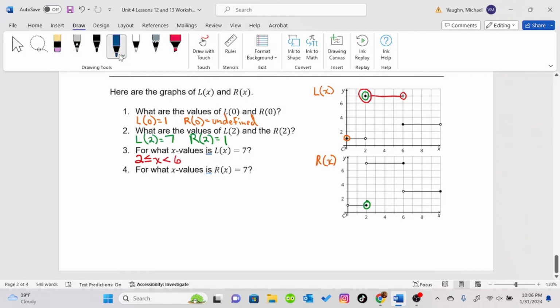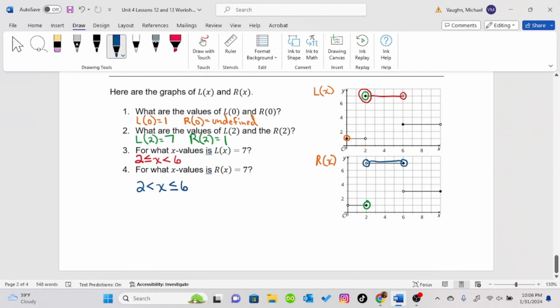And number 4, for what values is R of x equal to 7? So we see a hollow point here all the way to a solid point here. So that would be 2 is less than x, which is less than or equal to 6.